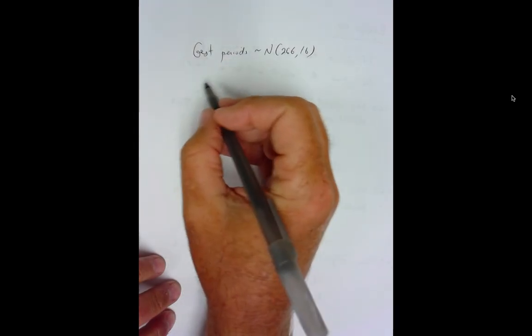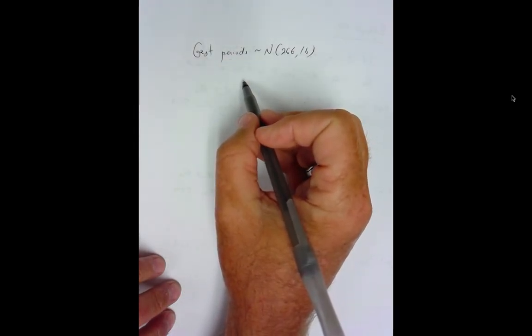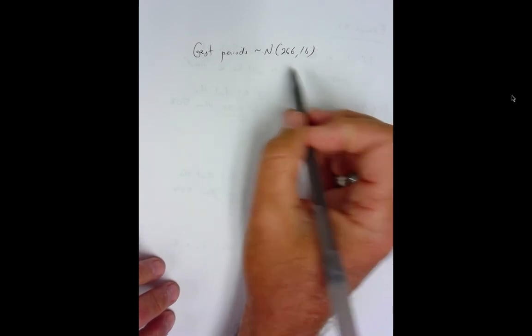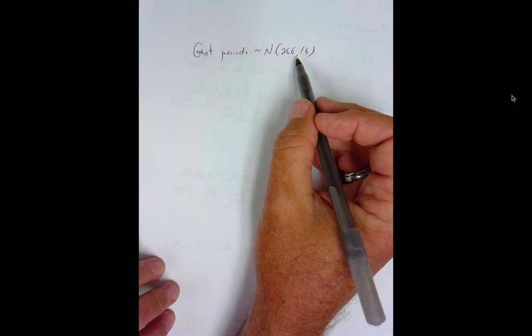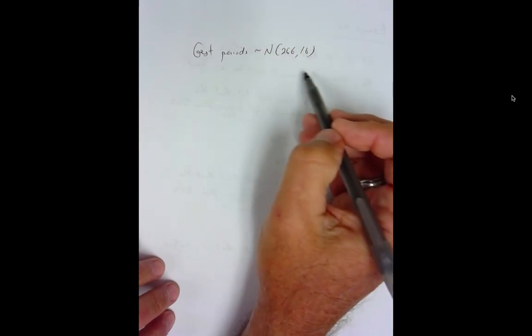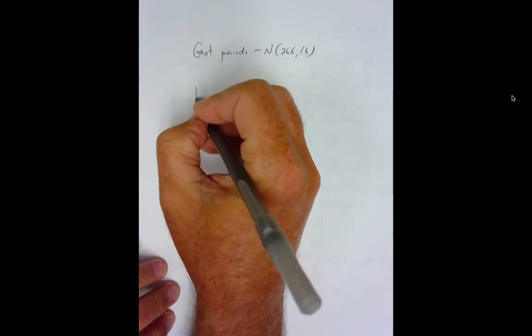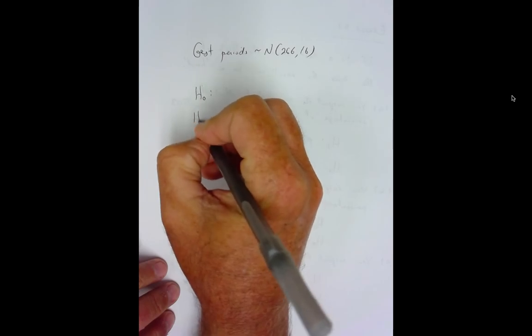A doctor feels for some reason that women in his region have gestation periods that are less than what's been provided for all gestation periods for all women. Feels it's less. What would be the null and alternative hypothesis?